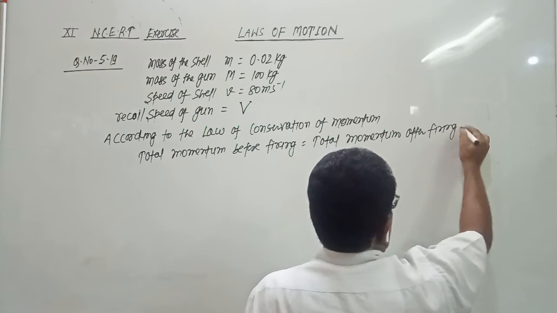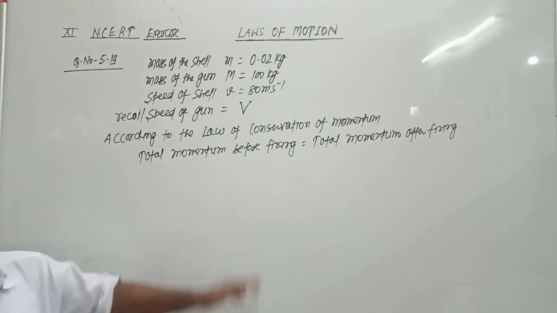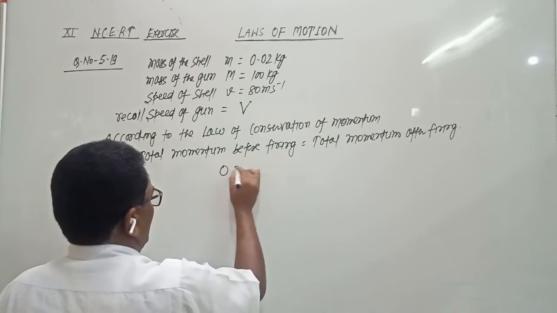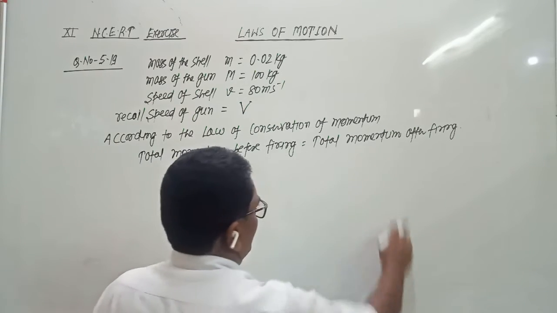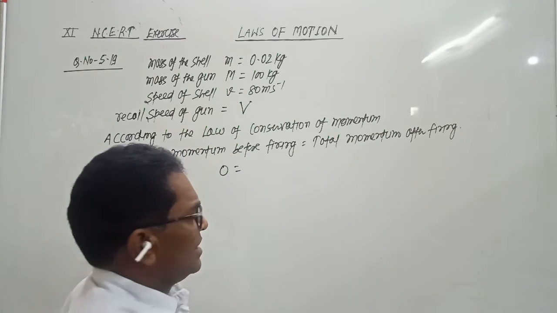Before firing, gun and shell both are at rest. So before firing the total momentum is 0, and after firing the total momentum means momentum of shell plus momentum of gun.